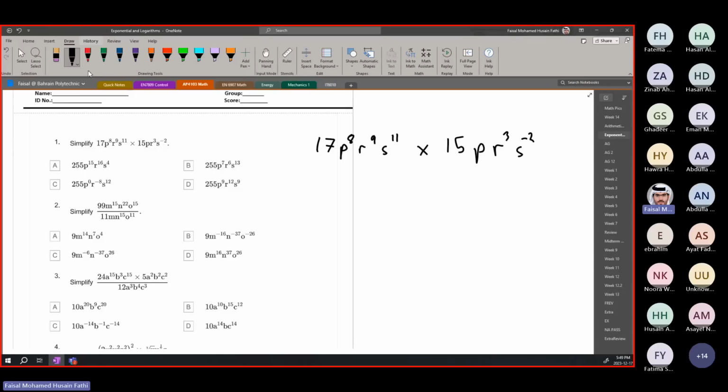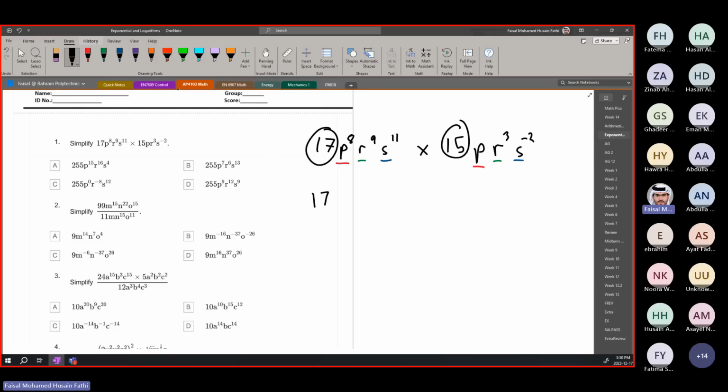So the p's, we will look at the p separately, the r's separately, and the s separately. All right. When we're multiplying, first, obviously, also the coefficients, you're going to have to multiply them by each other.